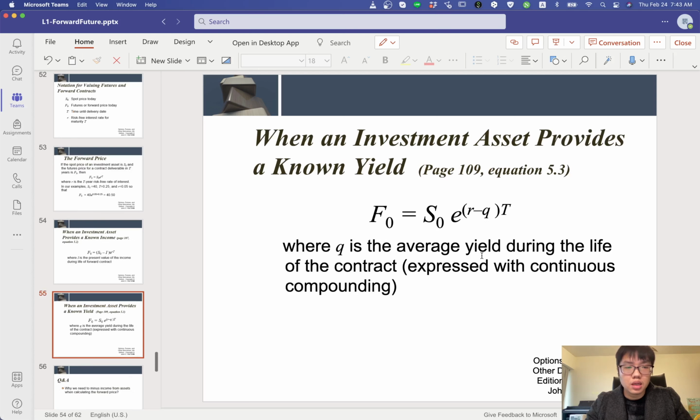If the asset pays a yield Q, for example a dividend yield in percent per share, you also need to recalculate, but we don't put it there. We put it into the power, so it becomes r minus q, where q is the dividend yield.